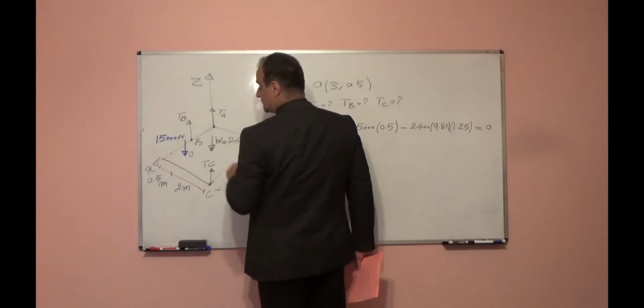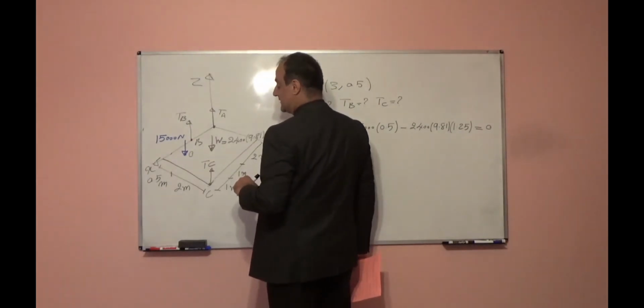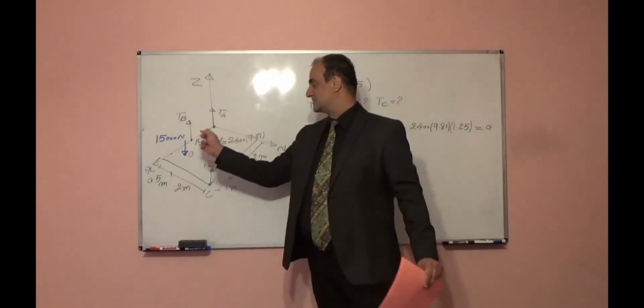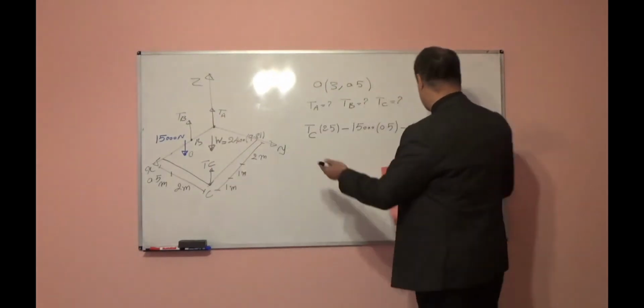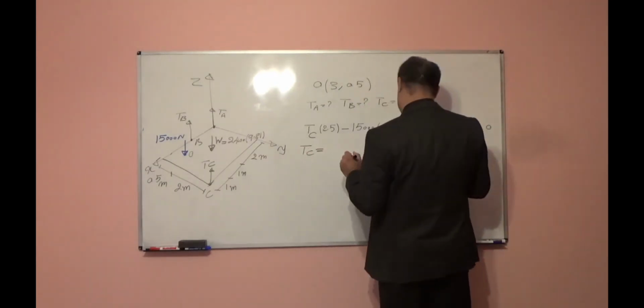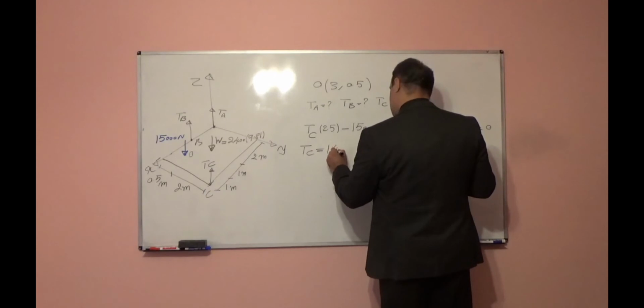TB passes through x, so it will not create any moment with respect to x. TA will pass through x, so it will not create any moment with respect to x. So this will be the equilibrium equation. From here I can find TC. TC will be 14.8 kilonewton.